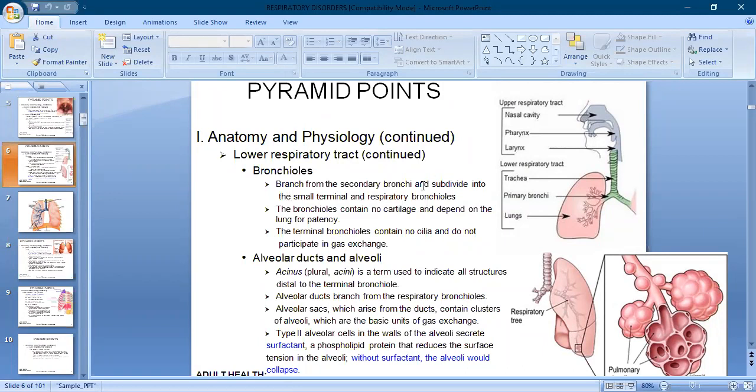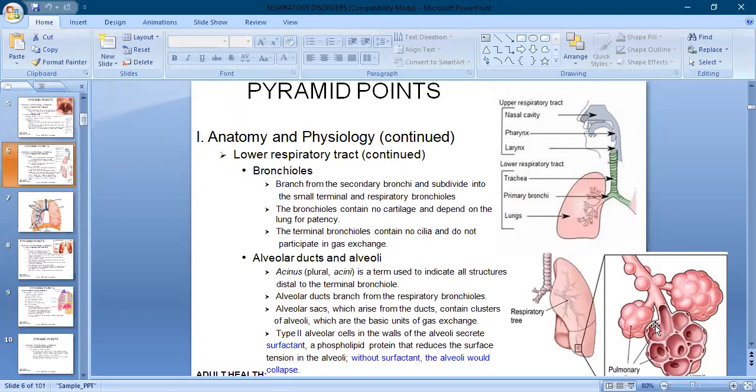So this is the portion, the bronchiole. Again, the bronchi, from the secondary bronchi, subdivide into the small terminal and respiratory bronchioles. The bronchioles contain no cartilage, and the terminal bronchiole contains no cilia also. The lung alveolar duct we are talking about here, and it is called alveoli.